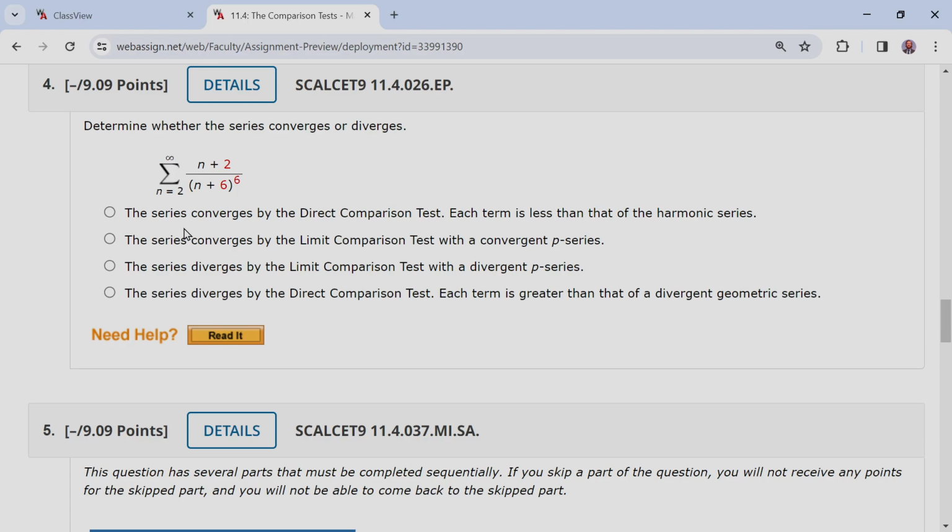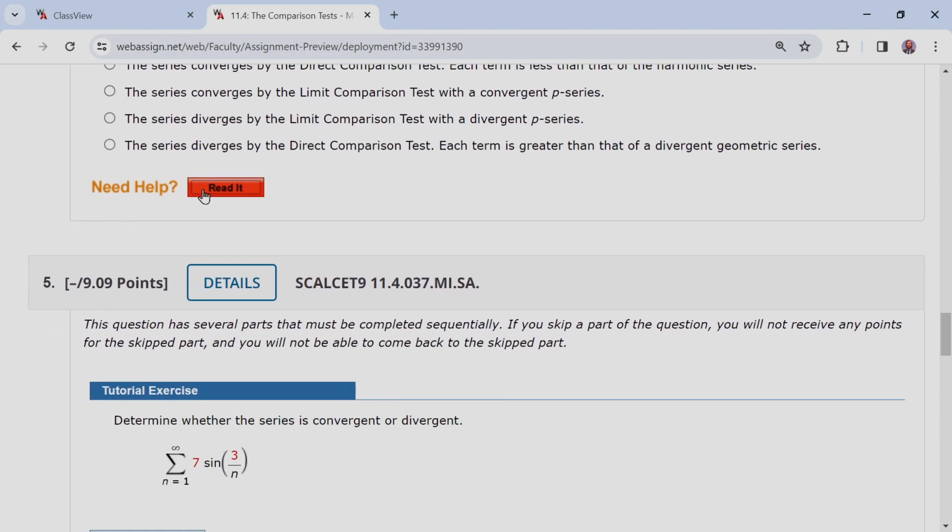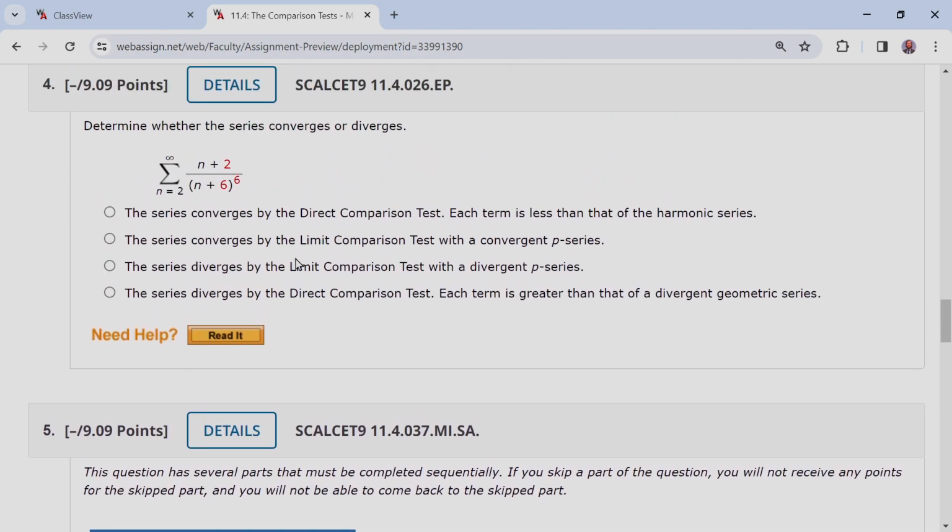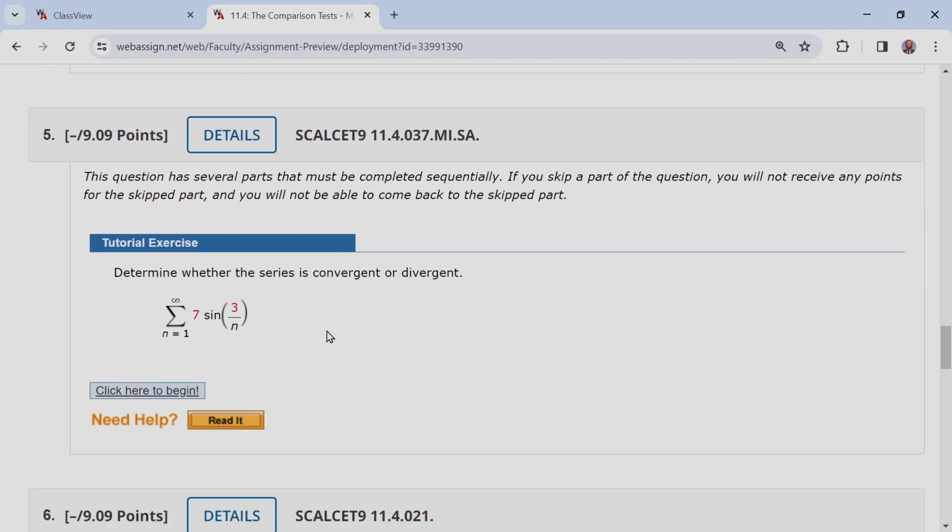And if you run the limit comparison test out, assuming you have set up your comparison to have an equivalent ratio of n's upstairs and downstairs, you'll be in business. It will work every time, because you'll end up with an equal heavy expression as a result of the limit comparison test. Just to remember, here you're going to take a limit of a n over b n, which is going to be a double-decker fraction, comparing the original fraction to the new fraction 1 over n to the 5th that you're comparing to.